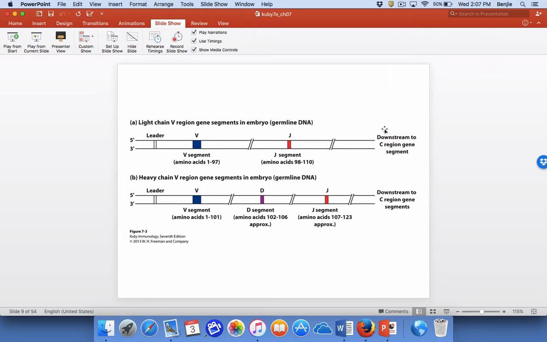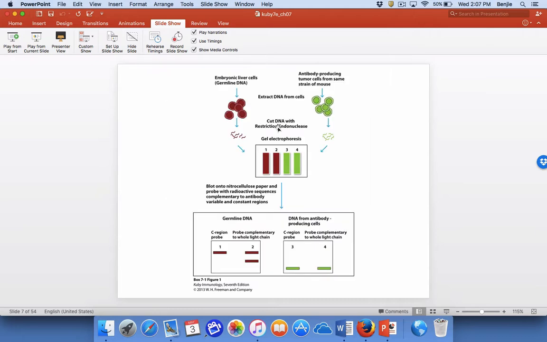And these three will come together, and it cuts out all this intermediate DNA that's in between in order to bring it together. That's why, when you run the DNA out in the previous slides, let's look at this. This is the larger piece that hasn't started making antibodies yet, and this is after it's been made into an antibody.